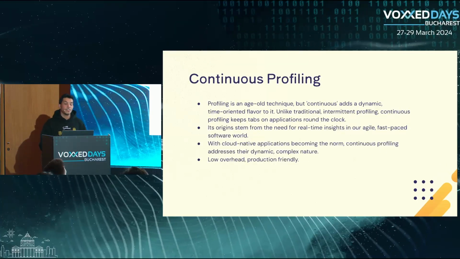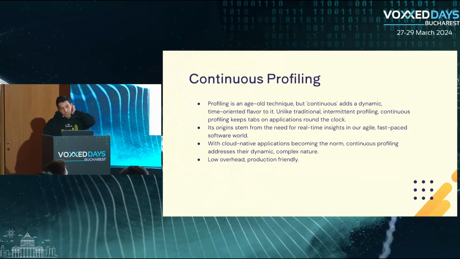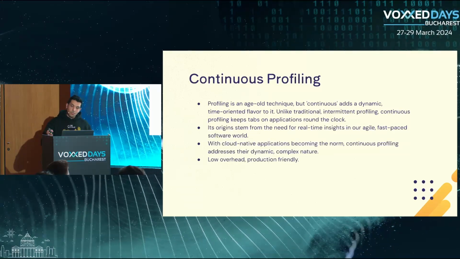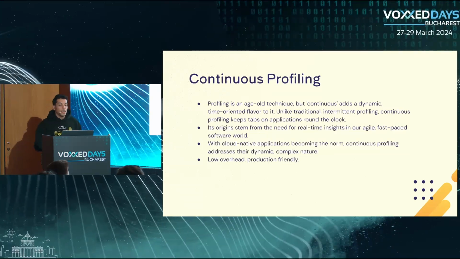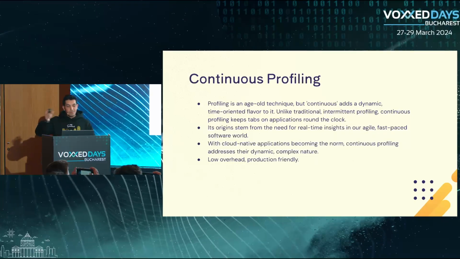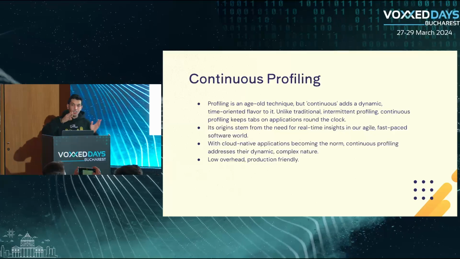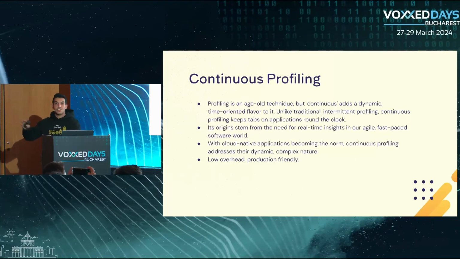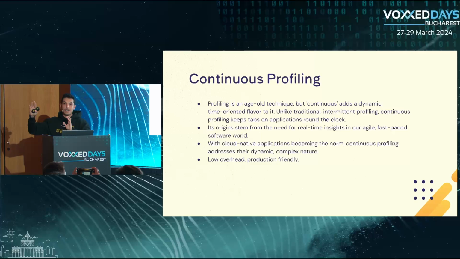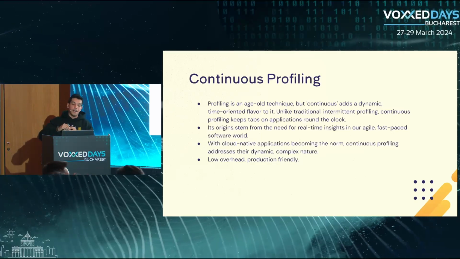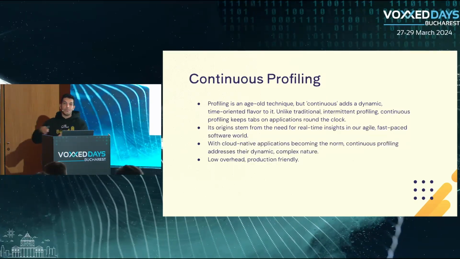And then enters continuous profiling. Continuous profiling is not new, it's an old-age technique, but continuous added a dynamic, time-oriented variable to it. We are continuously profiling our application no matter what time it is, rather than in specific periods when an incident happens.